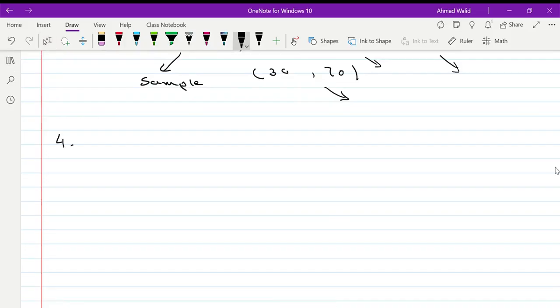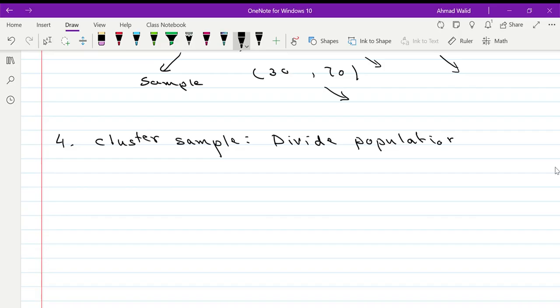The fourth way, cluster sample. What we do here, divide the population into clusters, it means regardless of characteristic.